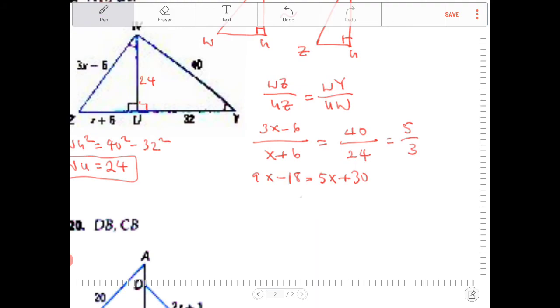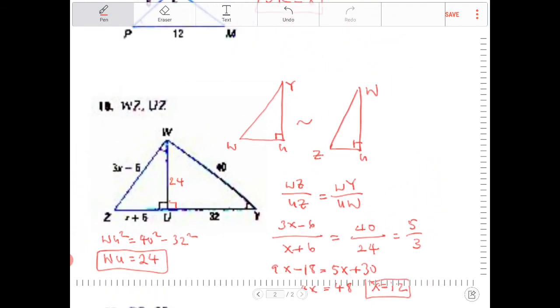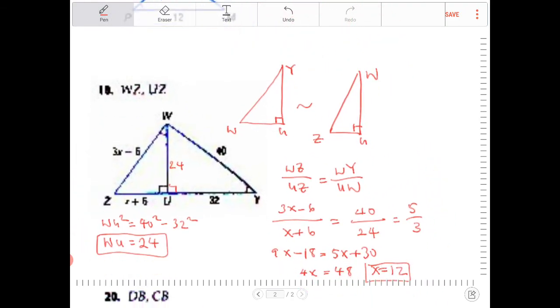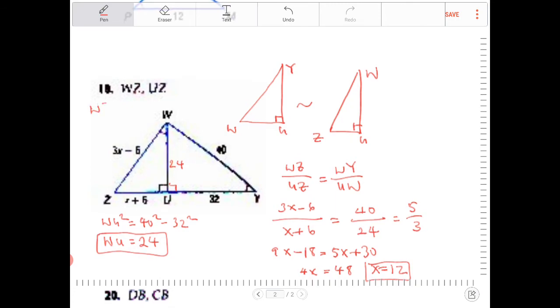Subtract both sides by 5x, I end up with 4x. Add 18 to both sides, I end up with 48. X will end up equaling 12. Since x is equal to 12, I can then find WZ. WZ will therefore equal 12 times 3, which is 36, minus 6 is 30, and UZ is equal to 18, because 12 plus 6.